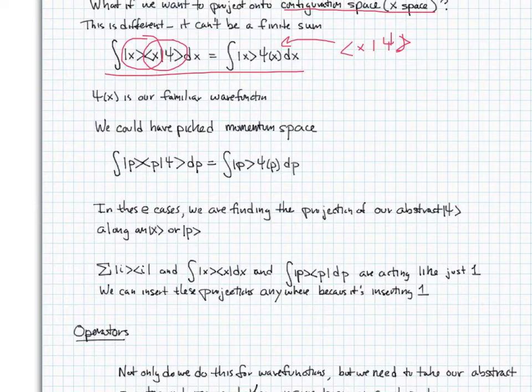You could have chosen instead to project onto a complete set of momenta, and then you would write, in fact, this thing, that projection onto P, and I get this wave function.